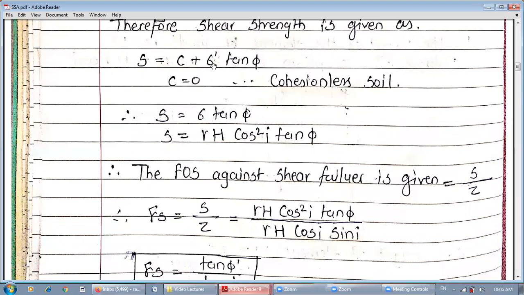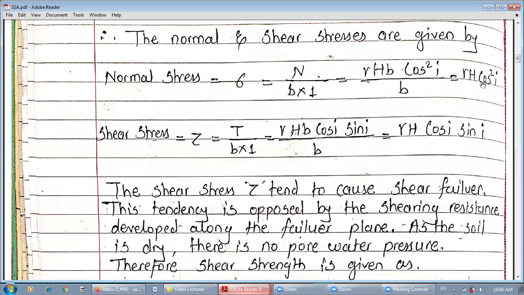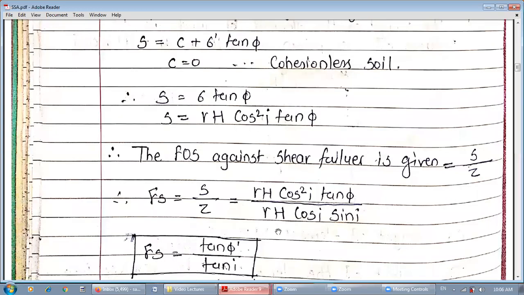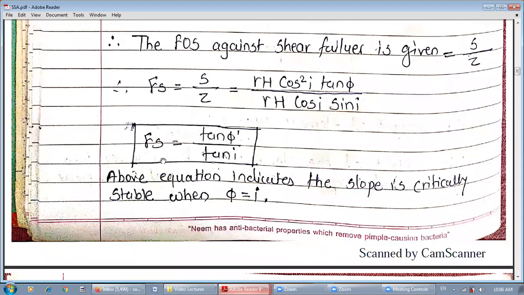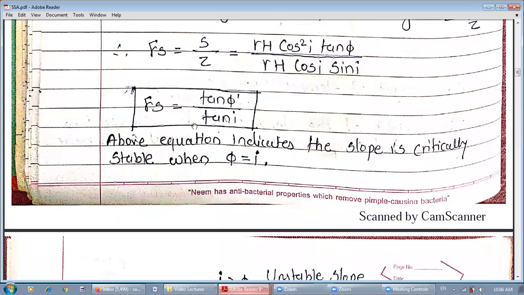So s is equal to sigma tan phi, where sigma is equal to gamma H cos square I. So we got gamma H cos square I into tan phi divided by gamma H cos I sin I. So that we are able to find the factor of safety as Fs equals tan phi divided by tan I. We have already discussed, if factor of safety is equal to 1, tan phi equals tan I, therefore phi is equal to I.